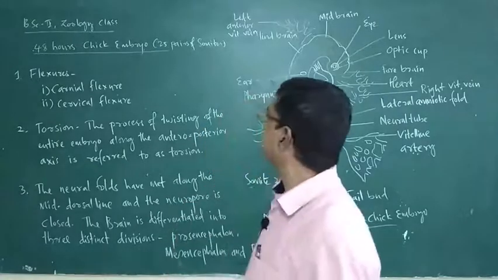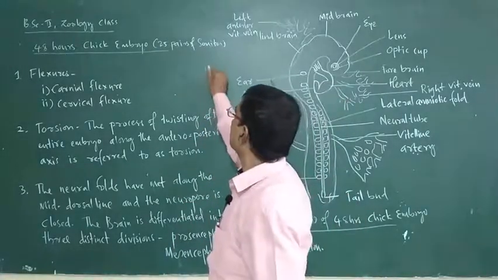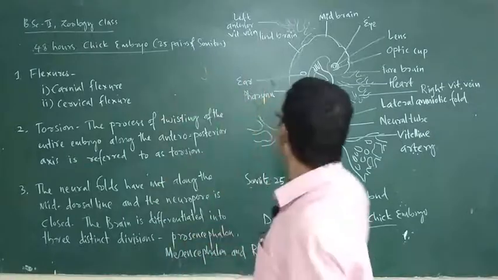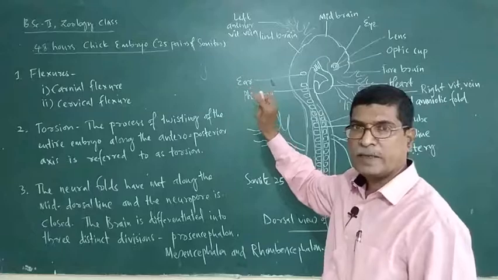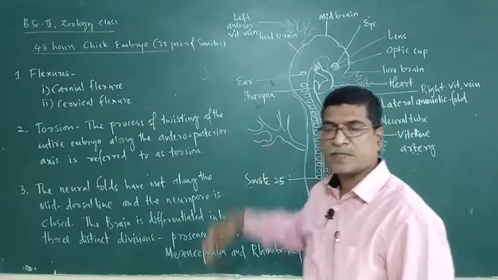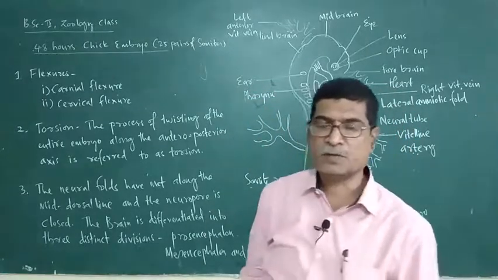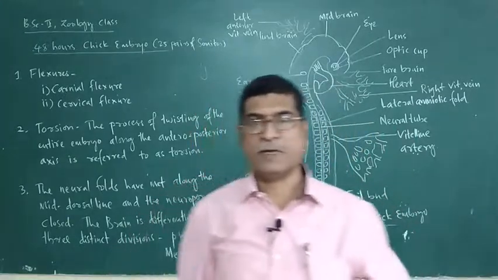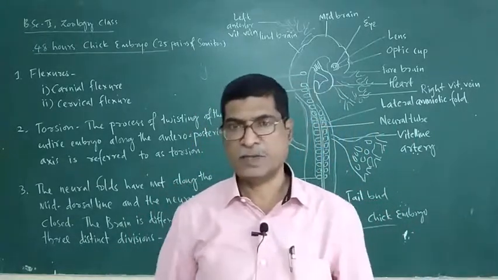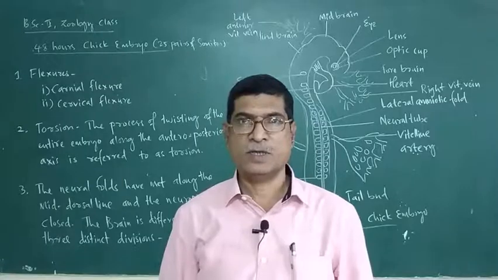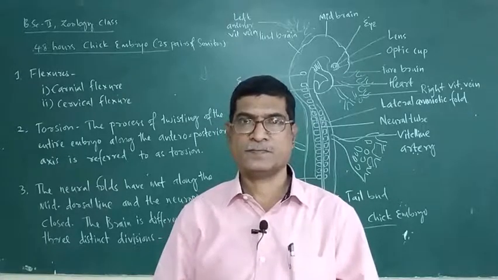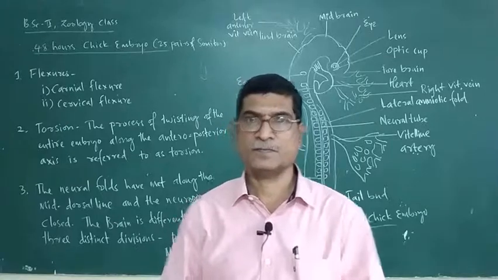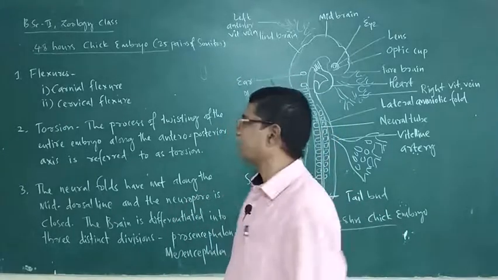Why is this type of structure developed? It is because of the bending of the anterior part of the embryo. The anterior part of the embryo undergoes two turns. These are called bendings or flexures.